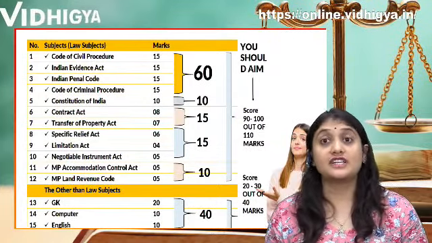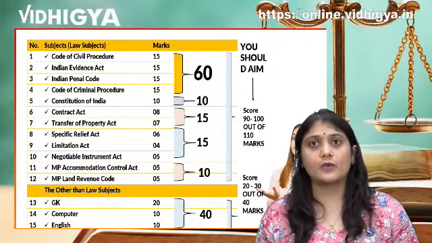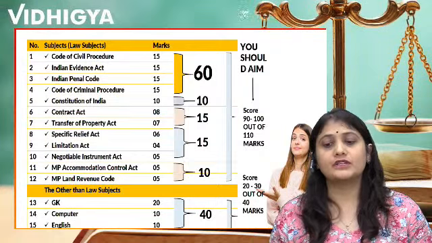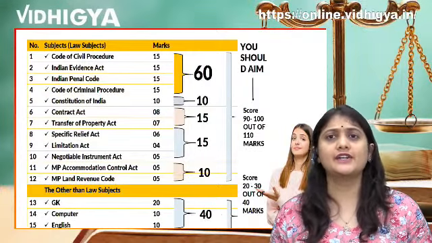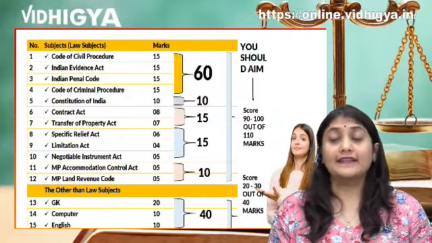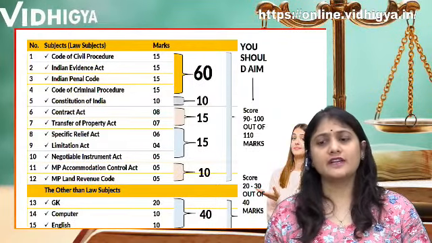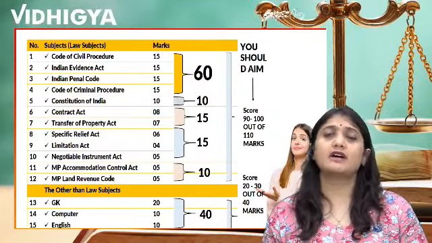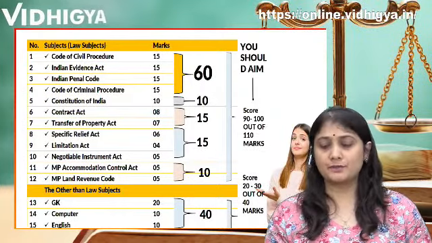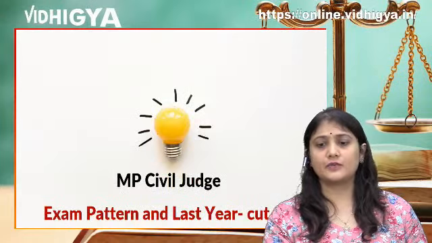GK itself accounts for 20 marks, quite a lot of marks in your paper. Then computer is for 10 marks, and English, in total 40 marks it counts for. So your score in this portion should be somewhere between 20 to 30 marks out of the 40 marks. And this is what you should aim for. Your aim should be clear. This is something you need to do.